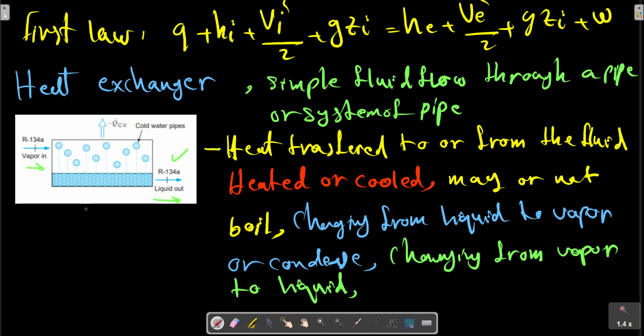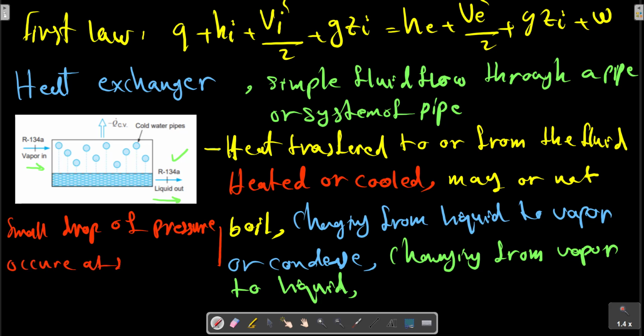The process tends to occur at constant pressure, since fluid flowing in a pipe usually undergoes only a small pressure drop because of fluid friction.